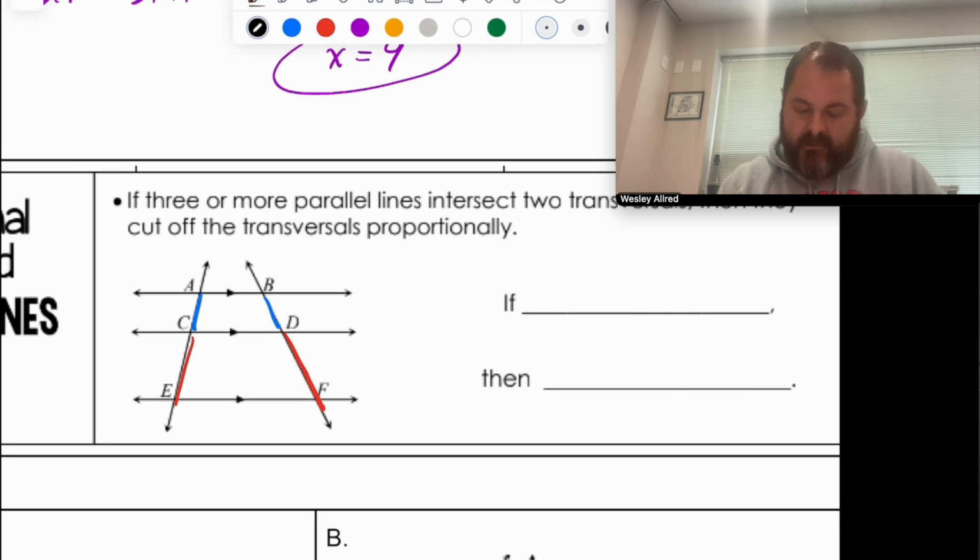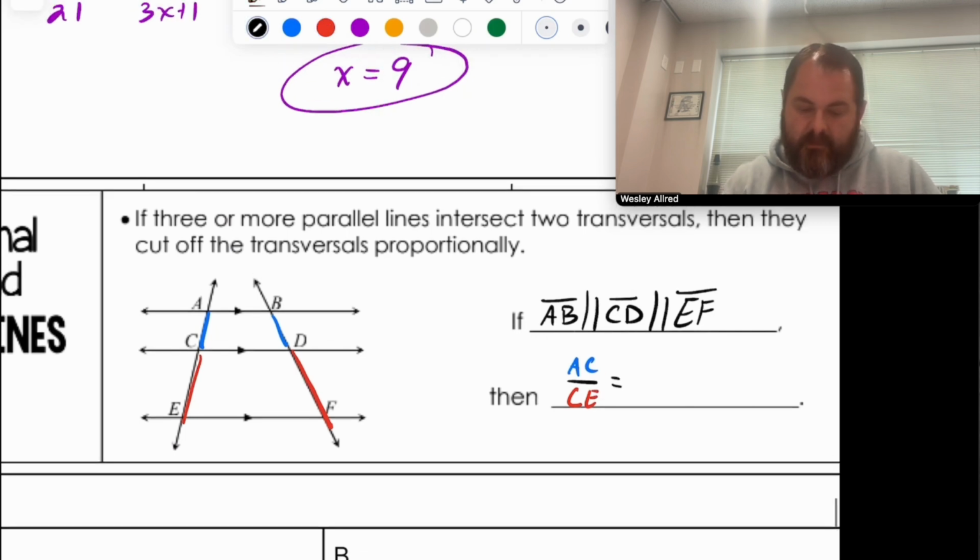If AB is parallel to CD, and those are also parallel to EF, then I get these segments in relationship. AC compared to CE has to be equal to BD compared to DF.